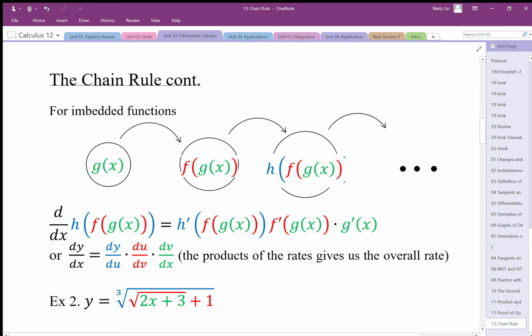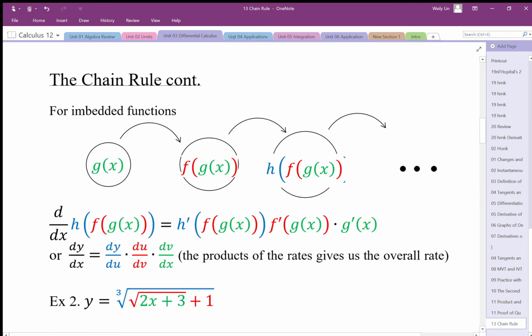If we look at the derivatives, if we call the outside function y, the next inside function u, and the next inside function v, we get the change in y with respect to u, times the derivative of u with respect to v, times the derivative of v.